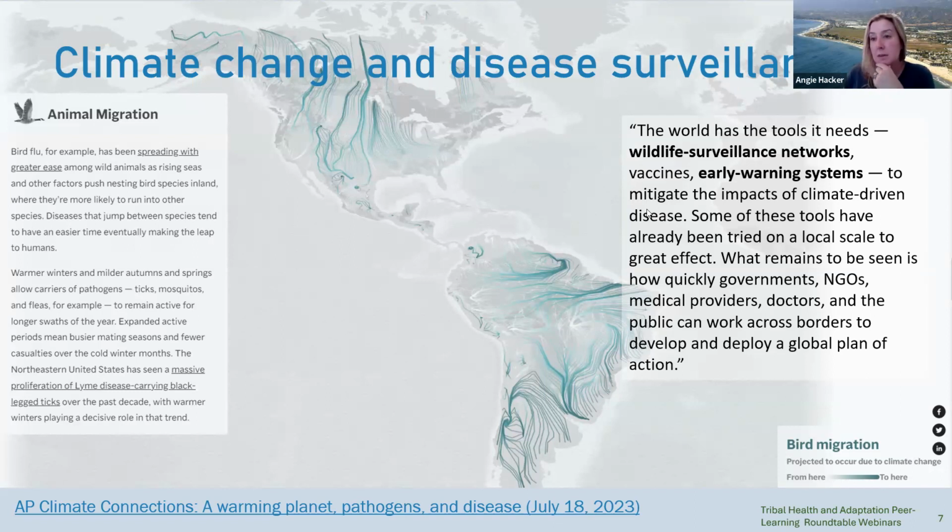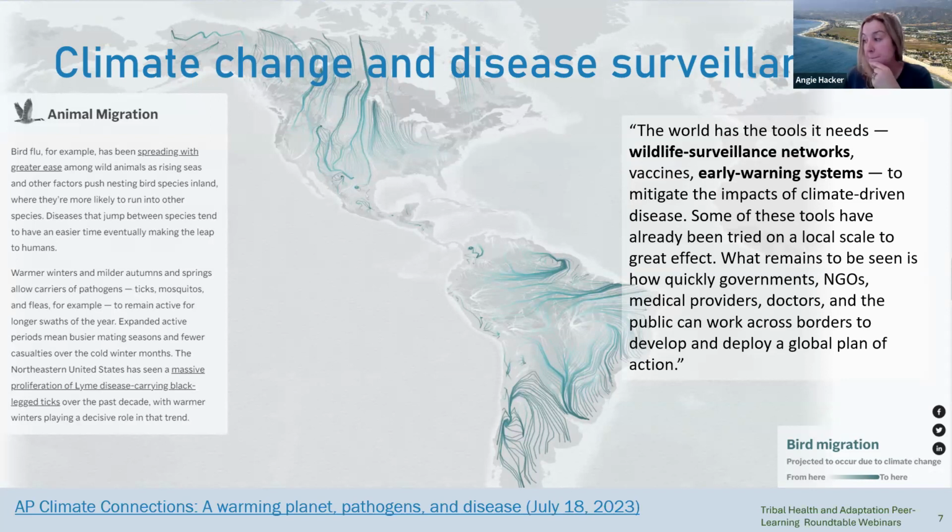And what I liked was this quote at the end: the world has the tools it needs: wildlife surveillance networks, vaccines, and early warning systems. These are a lot of what we're talking about when we talk about IT, especially as it relates to health, to mitigate the impacts of climate-driven disease. These information technology systems are important for tracking and managing outbreaks in real time and then communicating it.